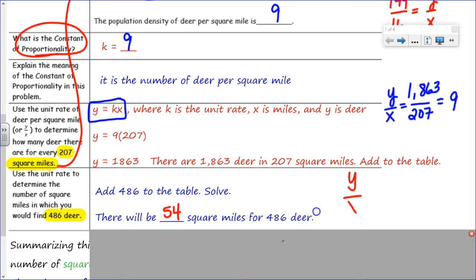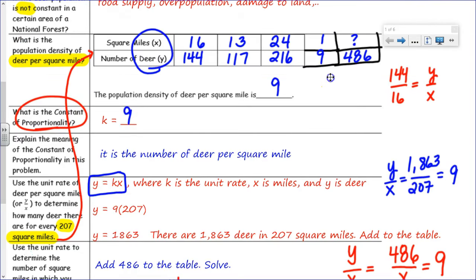Now, if you do y over x, we know that y is the deer, so 486. We don't know the square miles, but we know that it equals 9. So again, you can think about how you would solve that. 486 divided by a number gives you the unit rate or the constant of proportionality, 9, and it is 54.